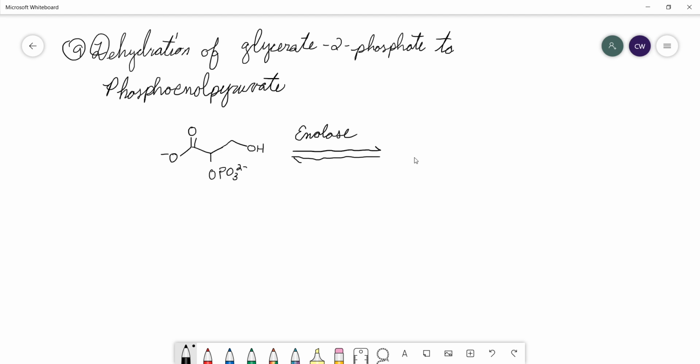At least we have one enzyme whose name is easy to remember, right? And so we get this phosphoenol. Okay? And this is abbreviated as PEP, right?